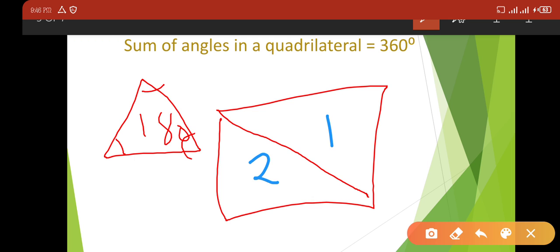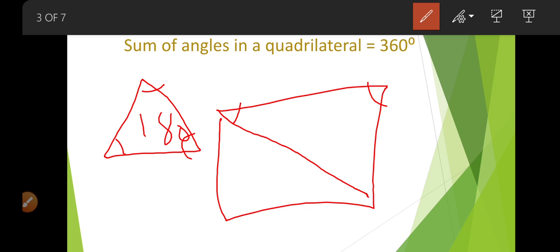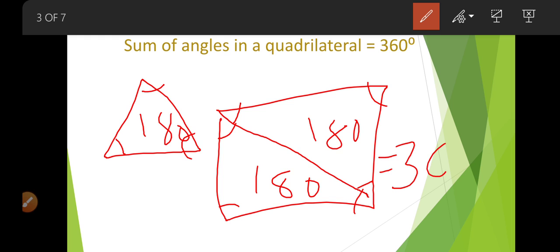Since we know that in a triangle the sum of the angles is 180 degrees, this and this are equal to 180, and we also have this to be equal to 180. So therefore 180 plus 180 is equal to 360. So the sum of the angles in a quadrilateral is 360. We have successfully proven that to be 360.